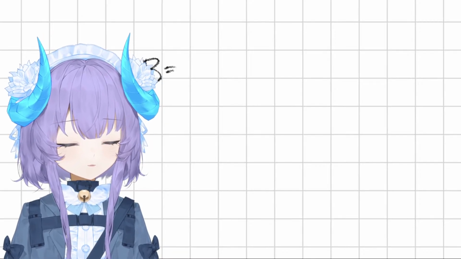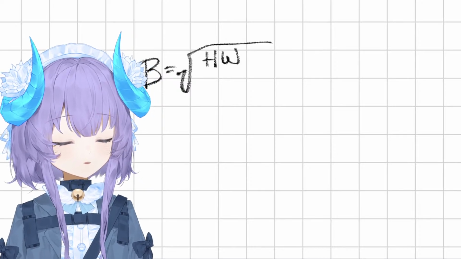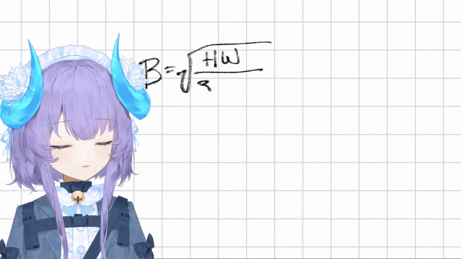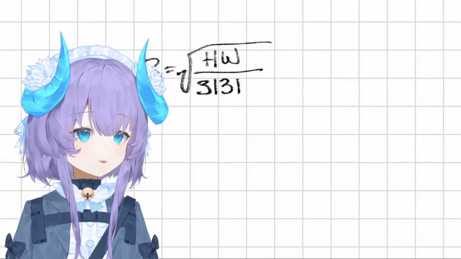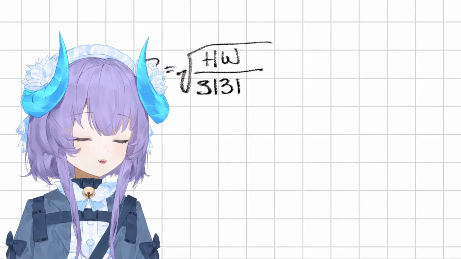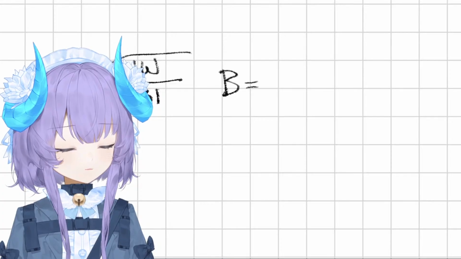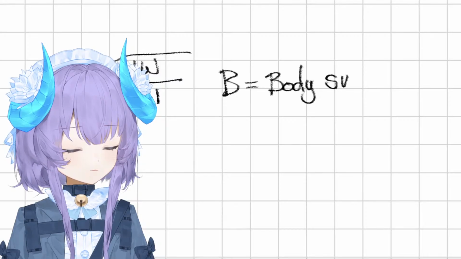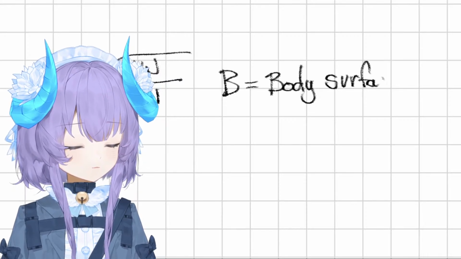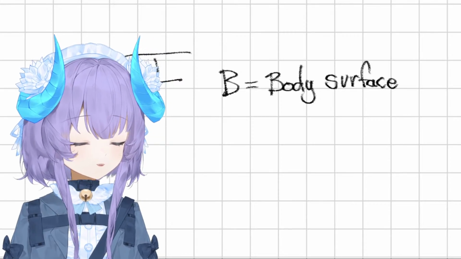We've got B equals HW over 3131. B is the individual's body surface in square meters.